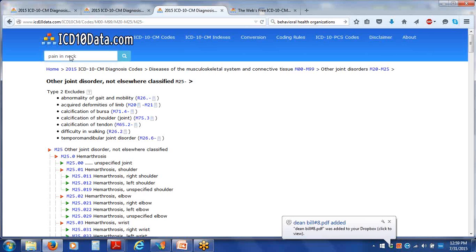Can somebody give me one? What's the word for the joint? Cervical region. What's the actual joint? Oh, that would be the associated facet joint. Facet joint. Facet, okay. Pain in facet joint.